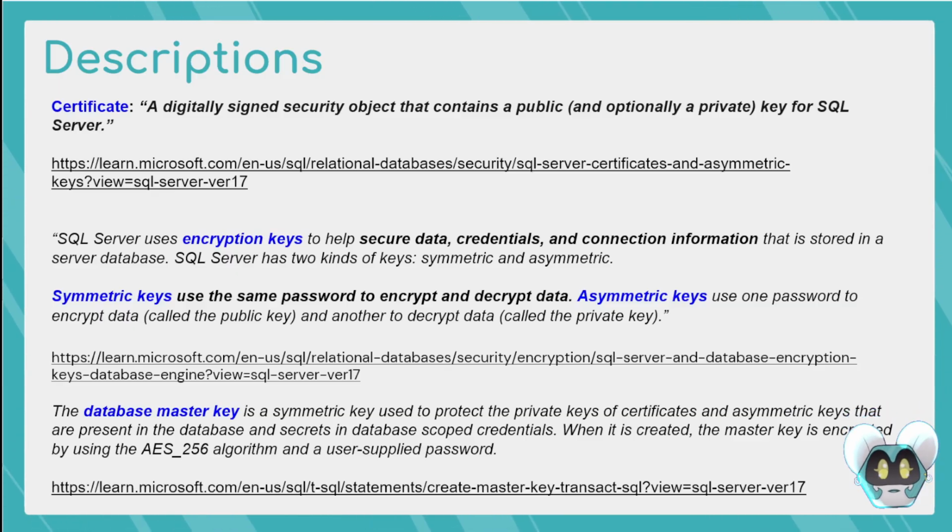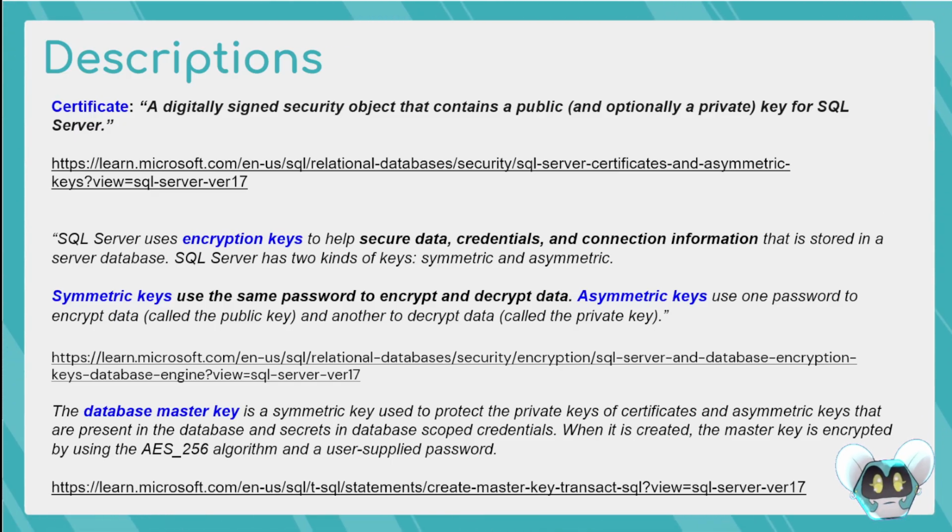A few quick definitions that I will leave on the screen. These are taken from Microsoft. So a certificate is a security object that contains a public and optionally private key for SQL Server. There are different types of encryption keys. You can have a symmetric key where the same password is used to both encrypt and decrypt the data.